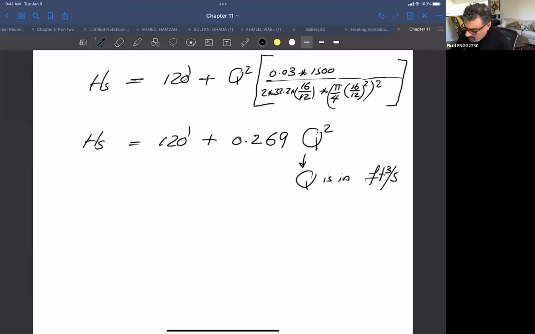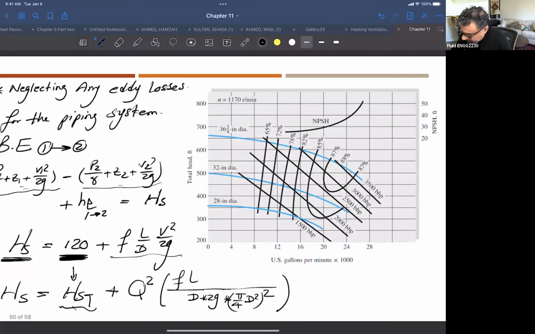Unfortunately, in this case, because this graph here is given in gallons, right? And in order to find out the operating point, we have to plot the system curve on the same chart as the pump curve. So in this case, I have to really use gallons per minute, right?